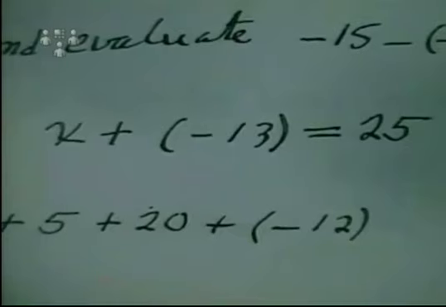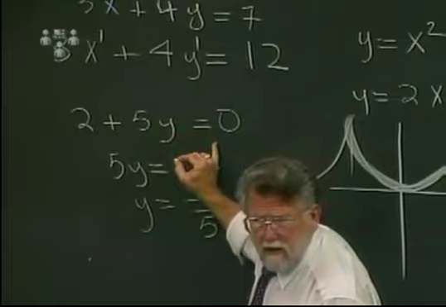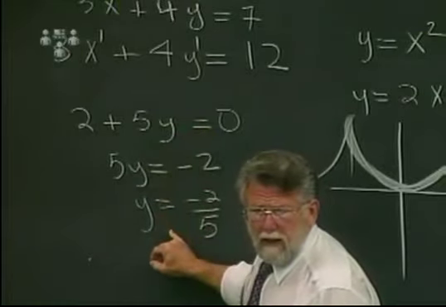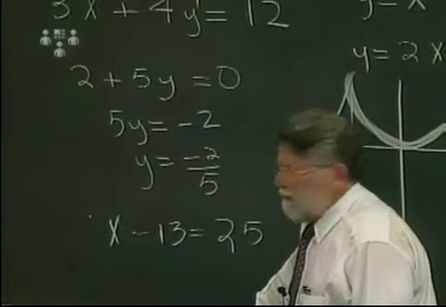Now, what I'm trying to make sure that you remember, in the same way that I can take this expression up here and ask, when is 2 plus 5y equal to 0? Solve for y. Come back to the document cam. This problem down here, x minus 13 is equal to 25, is fundamentally the same kind of problem.